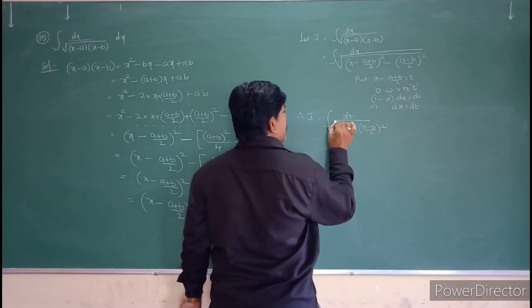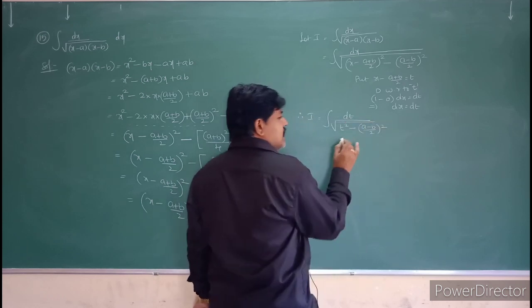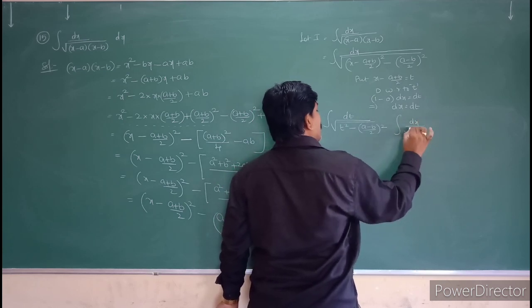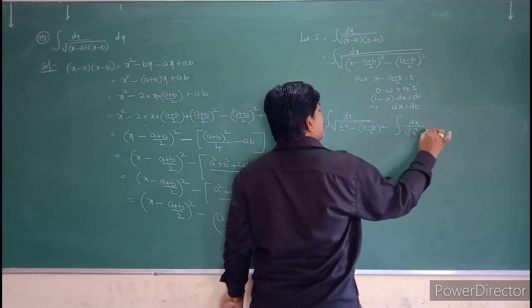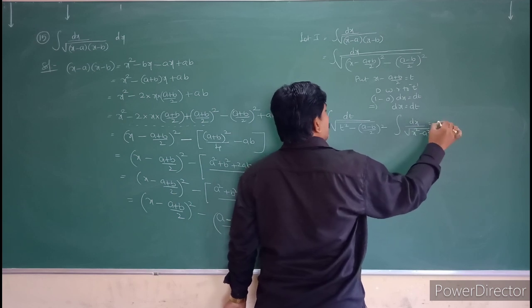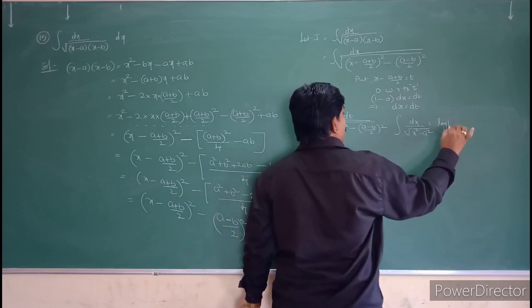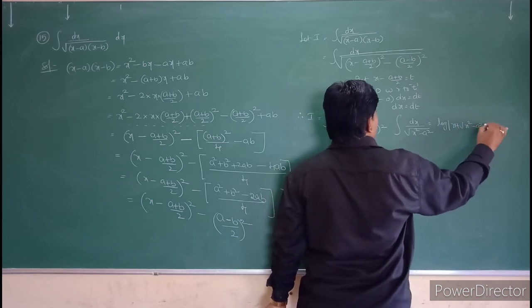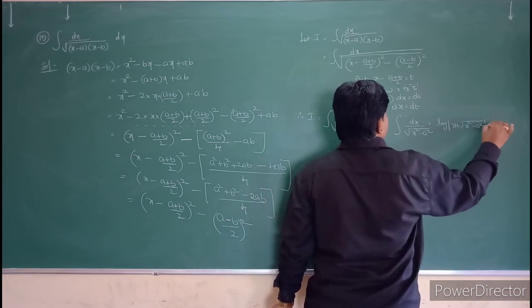This is in the form of the integral of dx by root of x square minus a square. The formula is log mod x plus root of x square minus a square plus c.